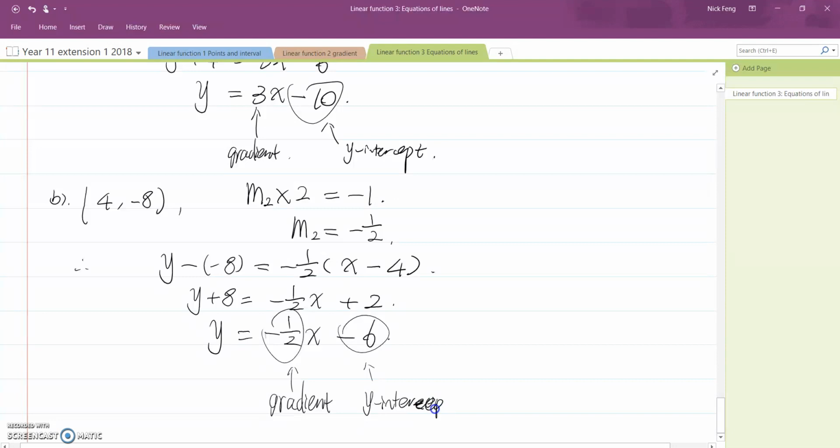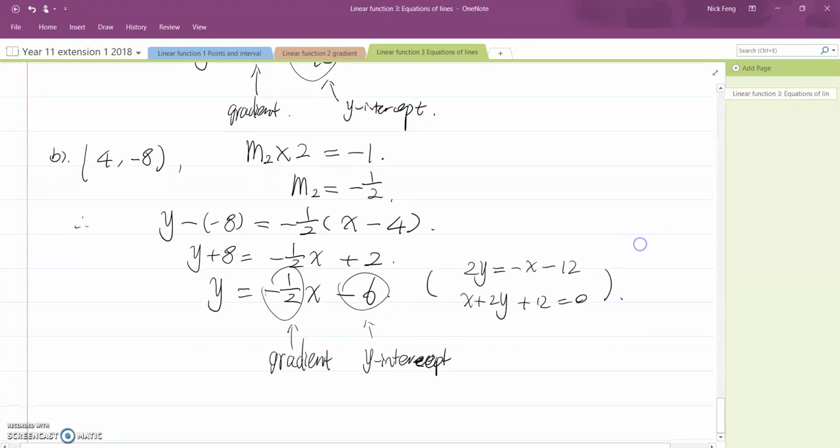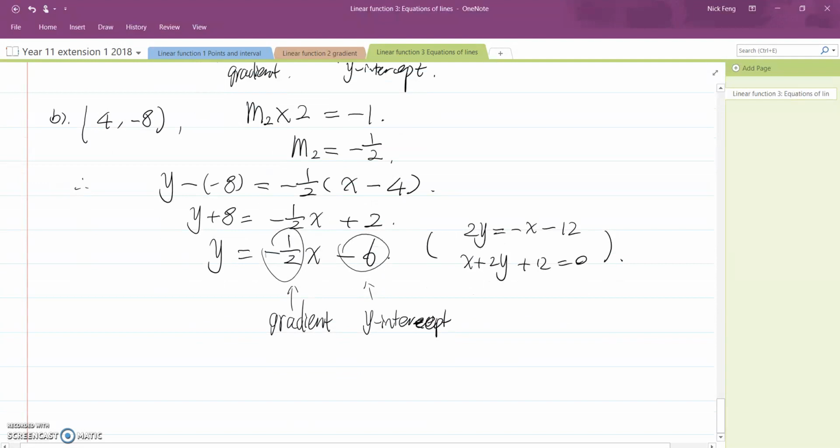And if you do want to change it into general form, multiply both sides by 2, and that should give you this. If the question asks us to change it to general form, you can do that. Do remember, for the point gradient formula, you only need two things, the point and the gradient.